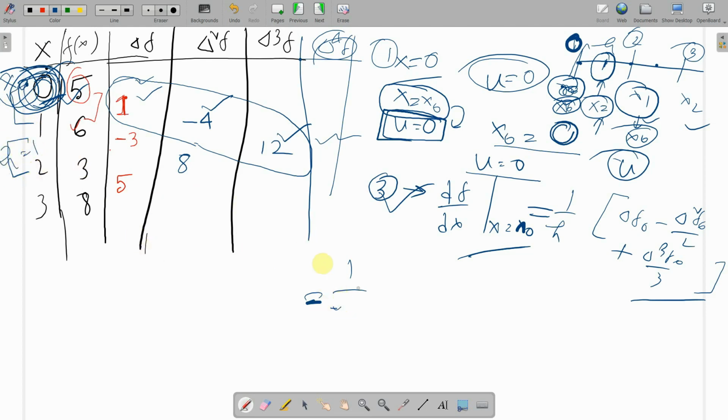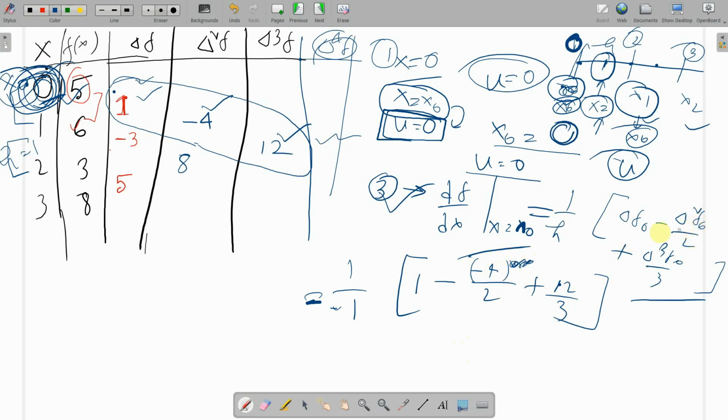h equals 1. Yes, so h equals 1, and for the delta f0 value, draw a circle so that you get an idea which point you are taking, and with respect to which point you are working. So delta f0 equals 1, delta square f0 by 2 equals -4 by 2, delta cube f0 by 3 equals 12 by 3.